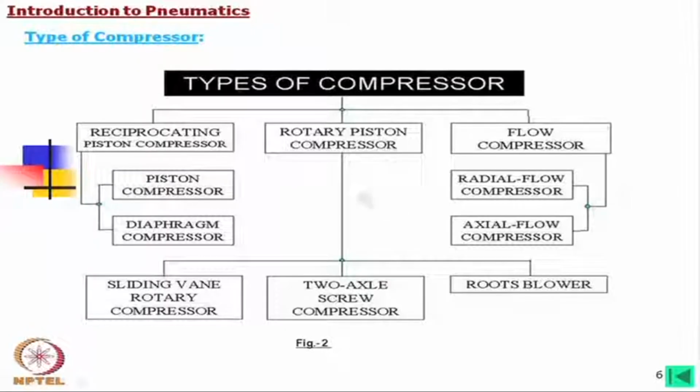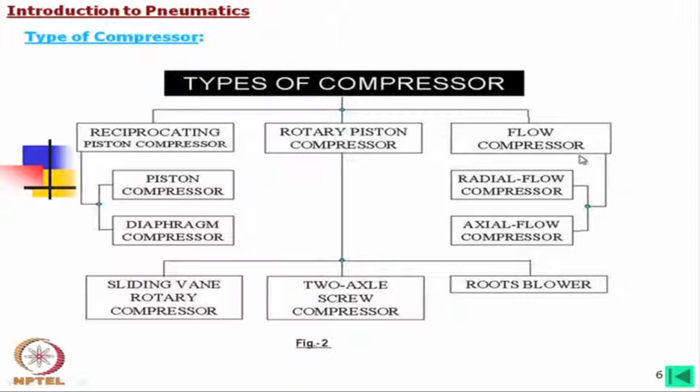Whereas in case of rotary pistons, you will find the area is varying, say a gear pump, a lobe pump, etc. Then this rotary compressor, again the sliding vane rotary compressor, the 2 axle screw compressor, like gears etc., that also falls in this category, and the roots blower.